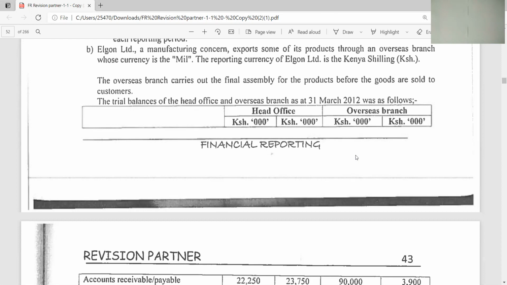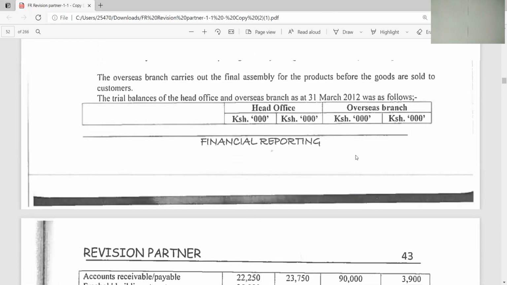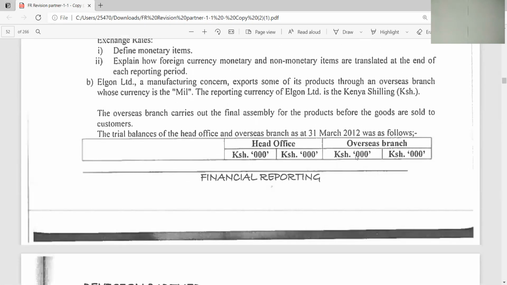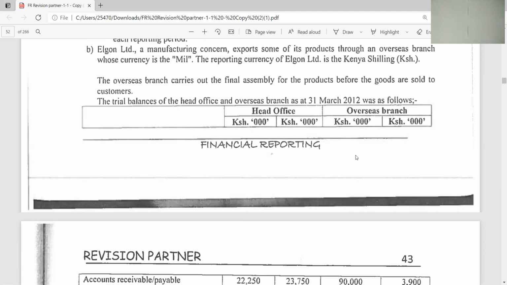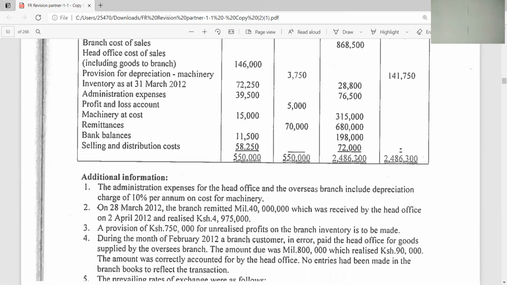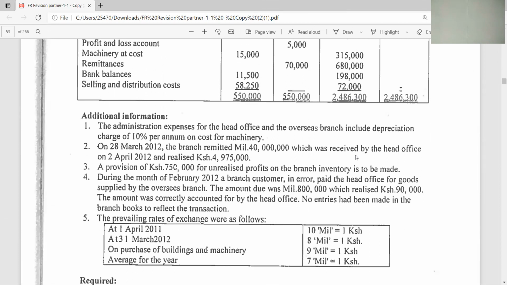The head office is based in Kenya, so the currency of the parent is the reporting currency. This means that the overseas branch's currency is Miri, so we need to translate the operations of that overseas branch before doing anything. That is why they are saying, down here, additional information number 2.